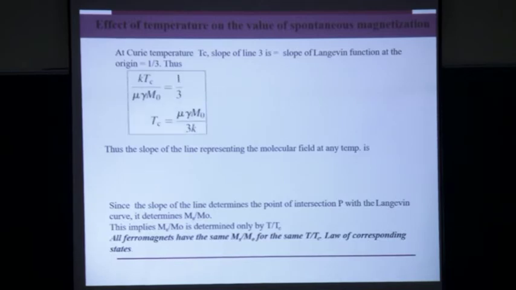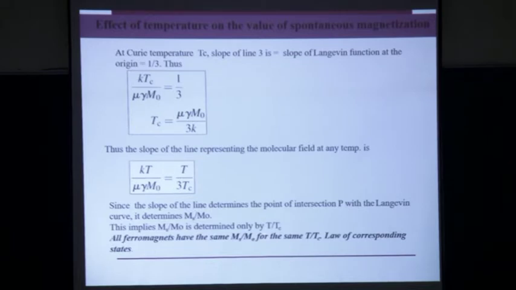Again, we can go through some arithmetic, and we can find that Ms by M0, that is the saturation magnetization, is determined only by T by Tc. That means, in other words, according to this model of the molecular field, all ferromagnets have the same Ms by M0 for the same T by Tc.